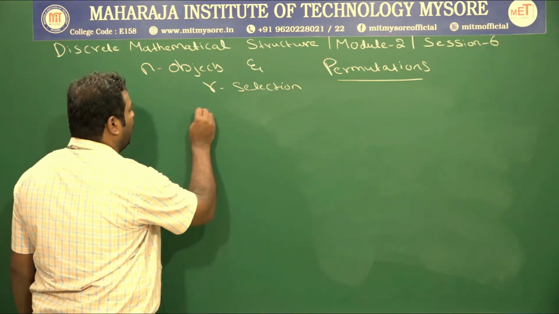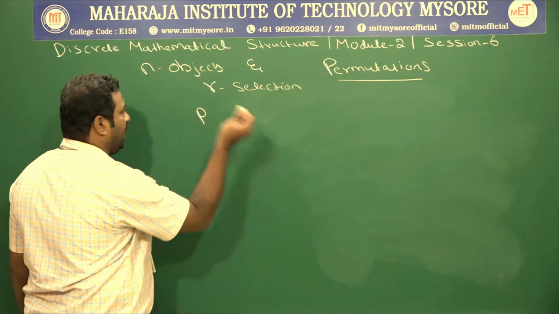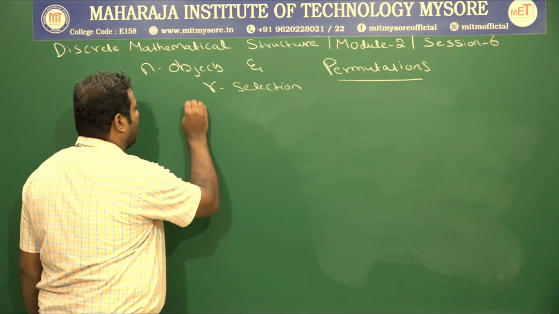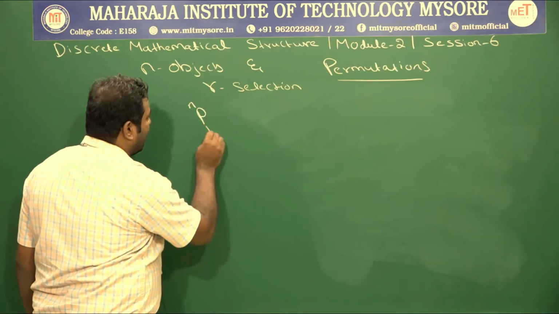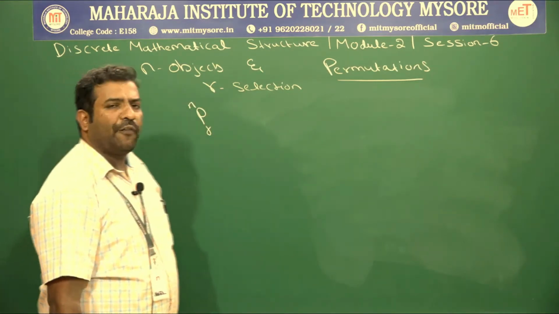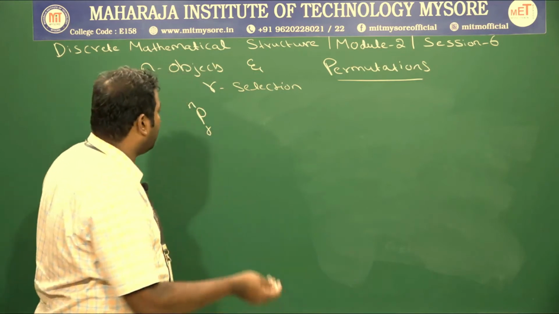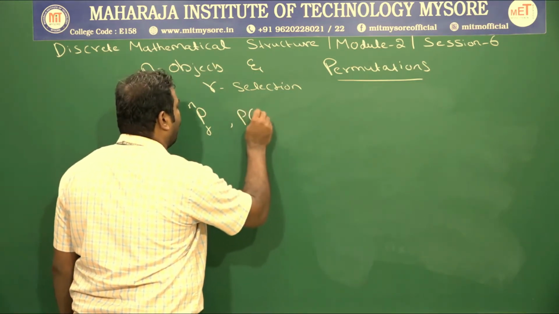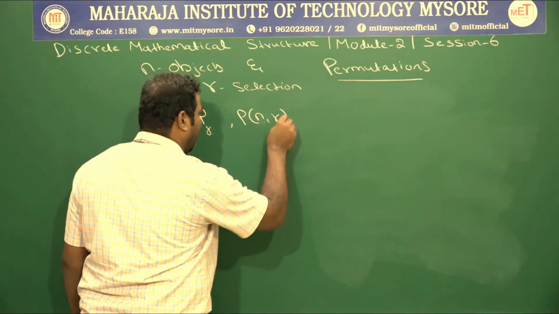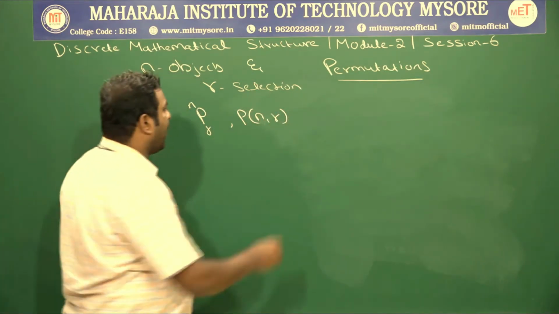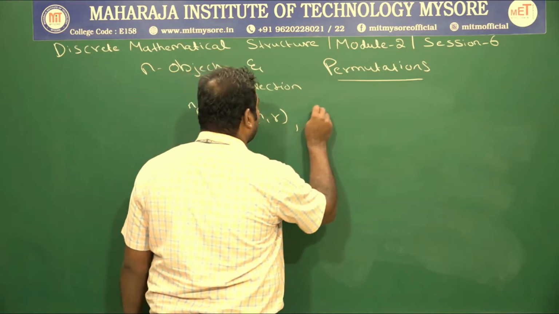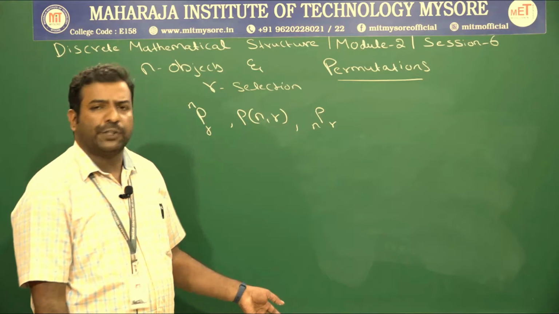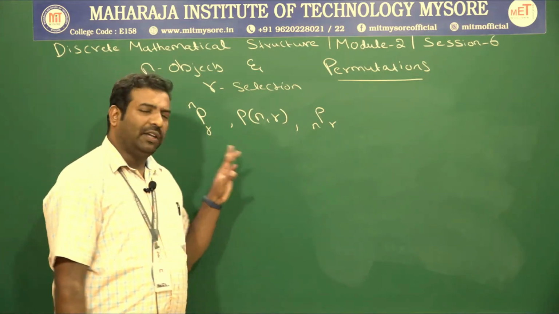Hence, I'm going to denote this as P for permutation, and this permutation depends upon the n value as well as r. I'll just write it in the form of nPr, or this can also be written as P of n comma r, or P n r. So you can use any of these forms, all are the same denotation.